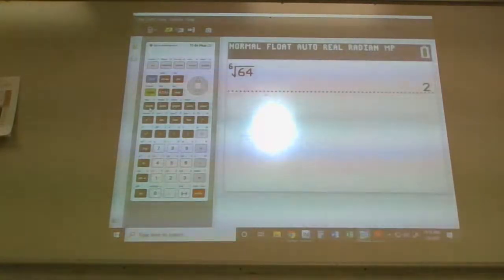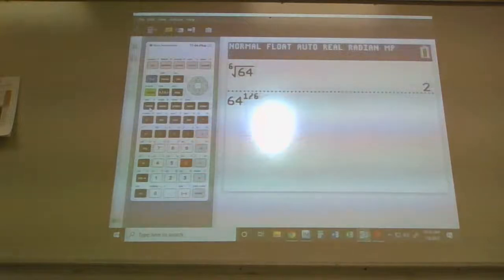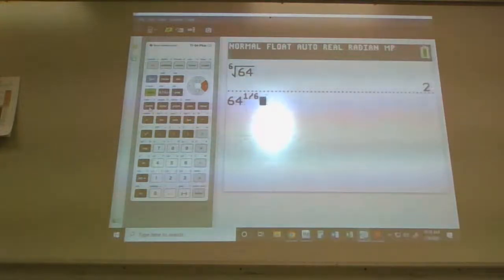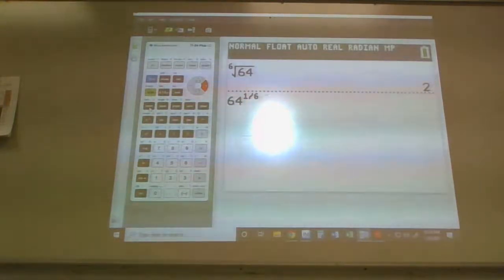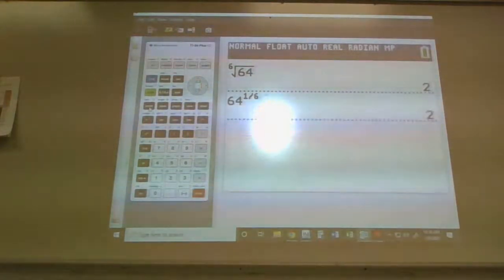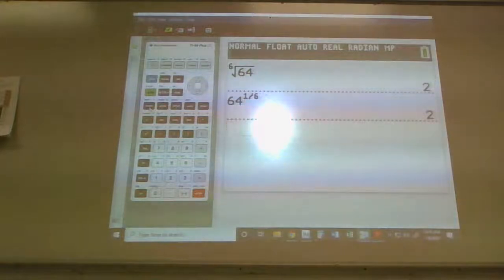The 6th root of 64 is actually equal to this calculation. Look what I just typed in. The 6th root of 64 is actually 64 to the 1/6 power. Spits out that answer. Just spits it out all over the floor. It's very strange.